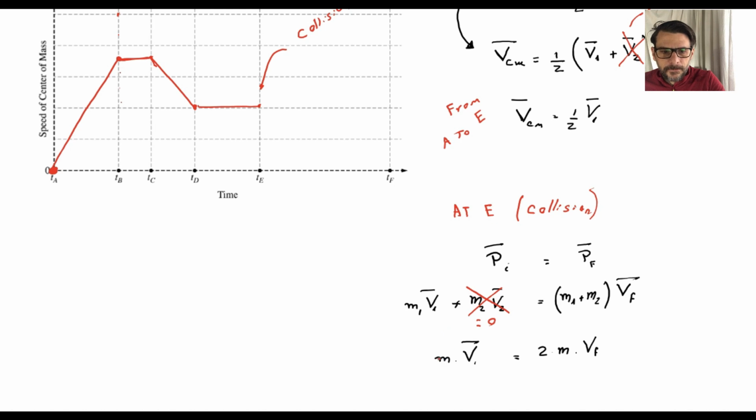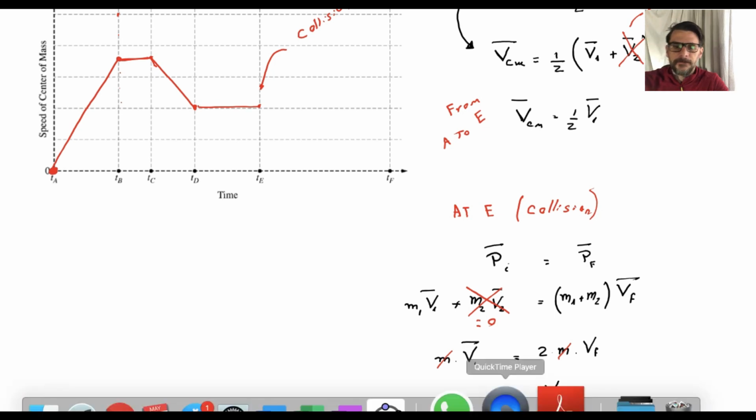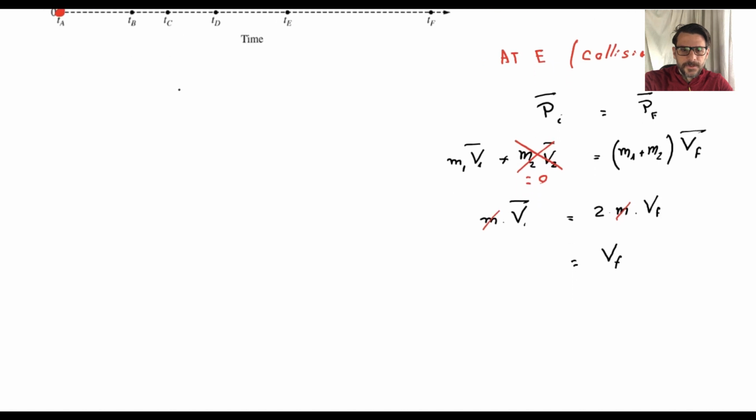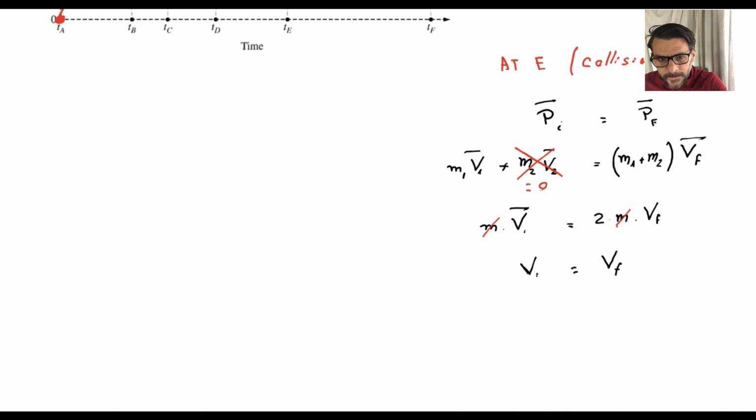And this mass can be simplified, and we can state that the final velocity of the system is equal to the velocity of the first object right before the collision. Well, there's a 2 missing. I can choose to write this 2 multiplying on the right side, or write 1/2. I'll write it as 1/2 on this side.